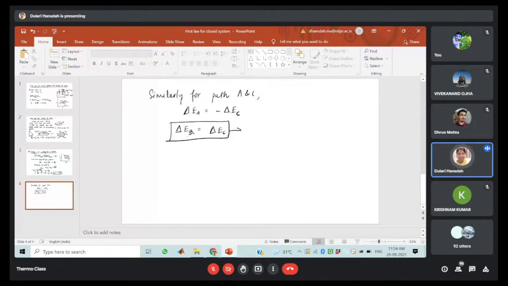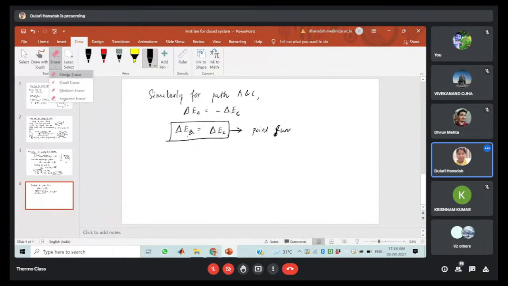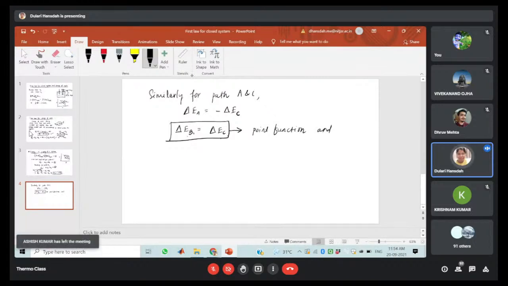So from this equation, we can say that the net energy change, or accumulation, is nothing but a point function and it is the property of the system.